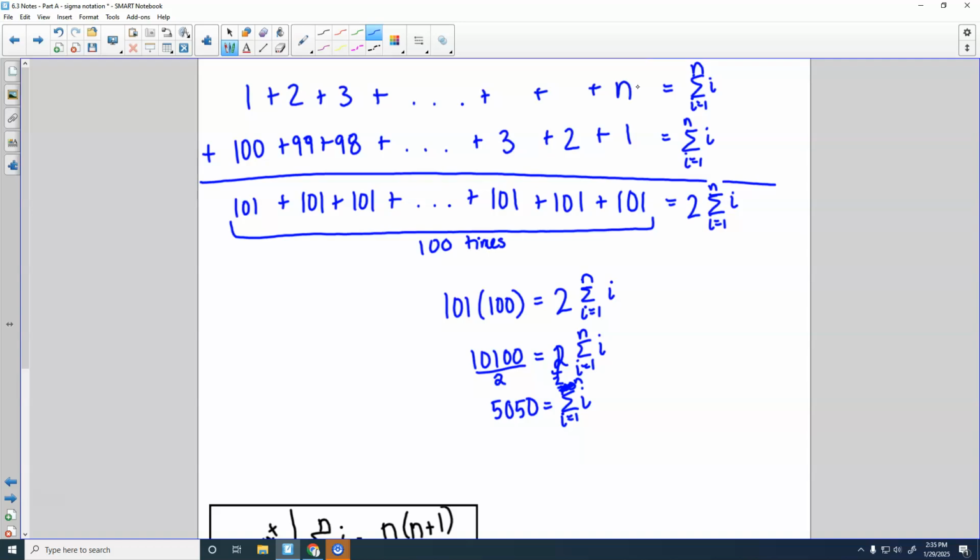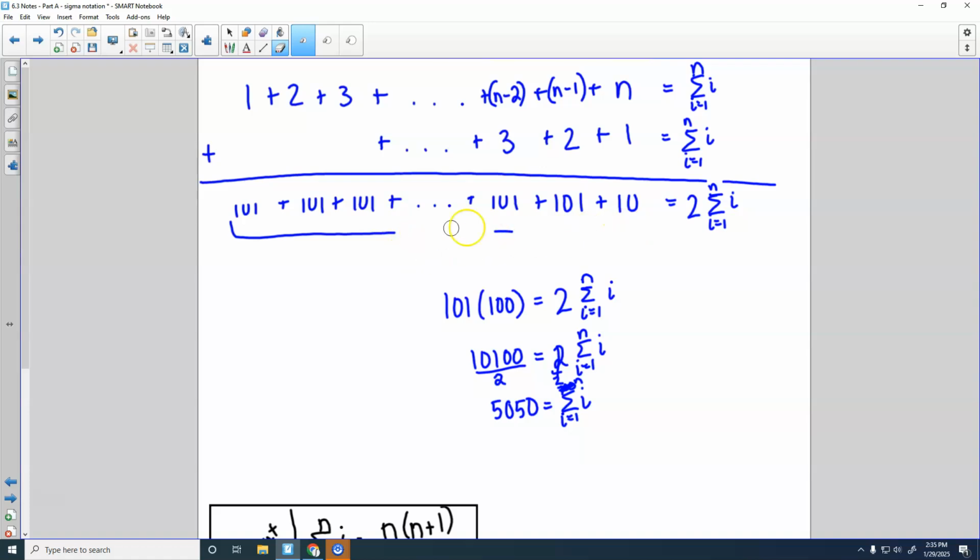I'll take your work there, and I'll get that ready and get back to you. Okay. So if this is n, what's the number that comes before n? n minus 1. And what's this number? n minus 2. Okay? So I'm going to have to erase some of this right here. And I'm definitely going to have to erase my 101s.